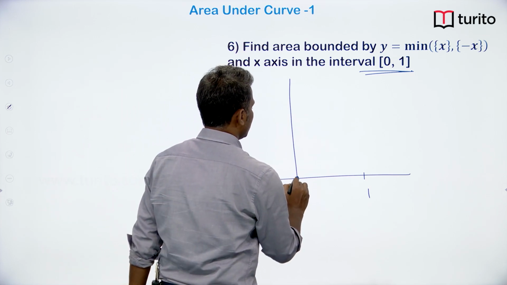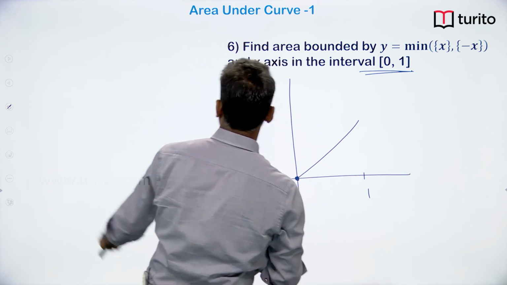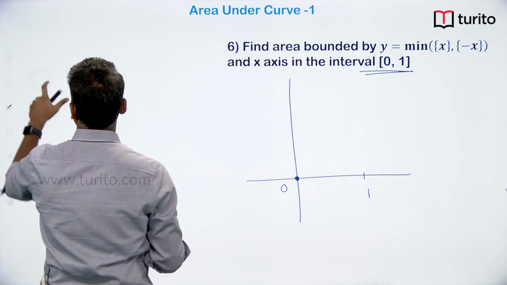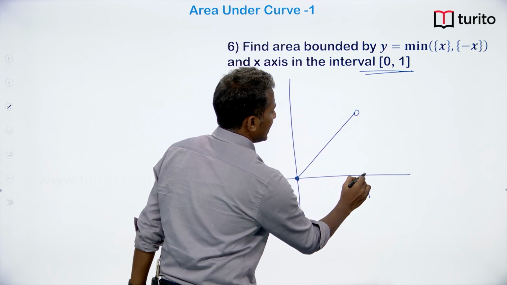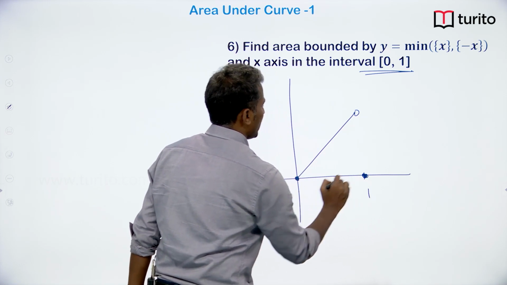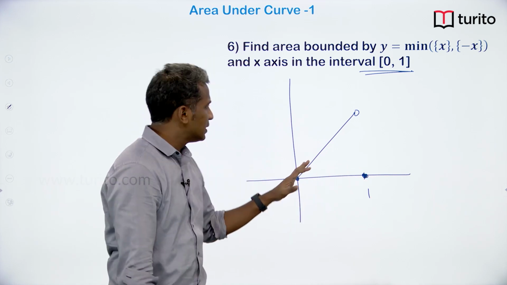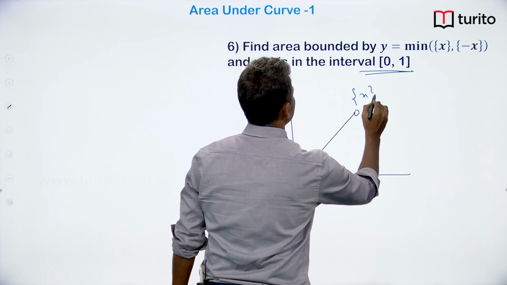So it will start from 0 and go like this. This is fine. And again at 1 we will get the value at 0 only. So at 1 also output is 0. This is the graph of first function, which is our bracket x.